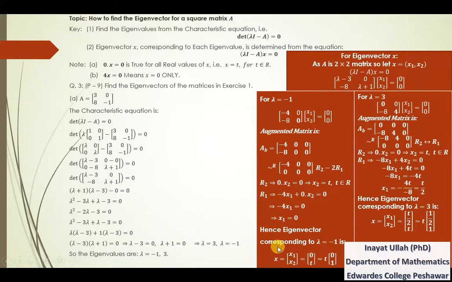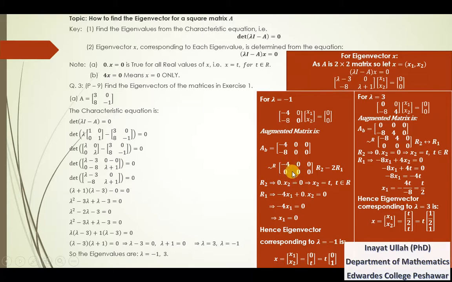Now from back substitution, what is back substitution? We need to start from row 2. So from row 2: 0 into x1, that is the coefficient of x1, and this is the coefficient of x2.